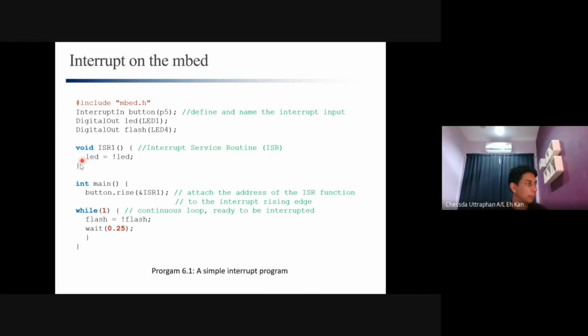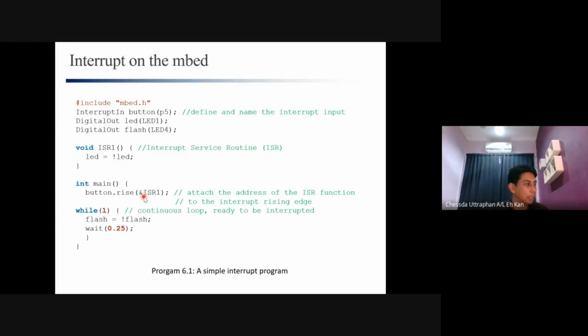You need to have another function, and this is your main loop, your main program. In your main program, you need to set up your interrupt and tell the microcontroller where your interrupt is. The name of our interrupt is button, and button.rise means that we detect our interrupt at the rise time.